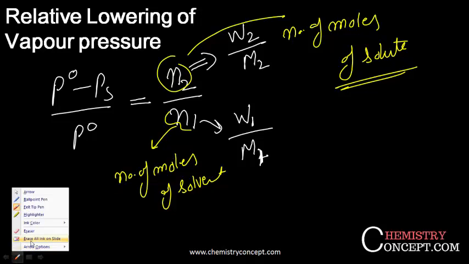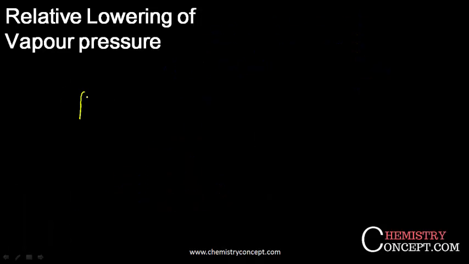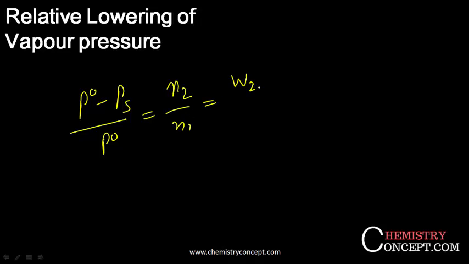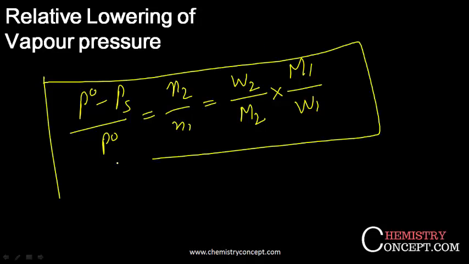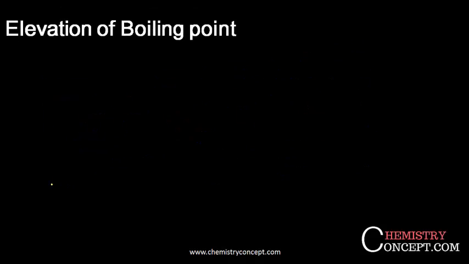So according to this, it becomes (P naught minus Ps) by P naught is equal to N2 by N1, or W2 by M2 into M1 by W1. Fine. So this is the formula for relative lowering of vapor pressure.